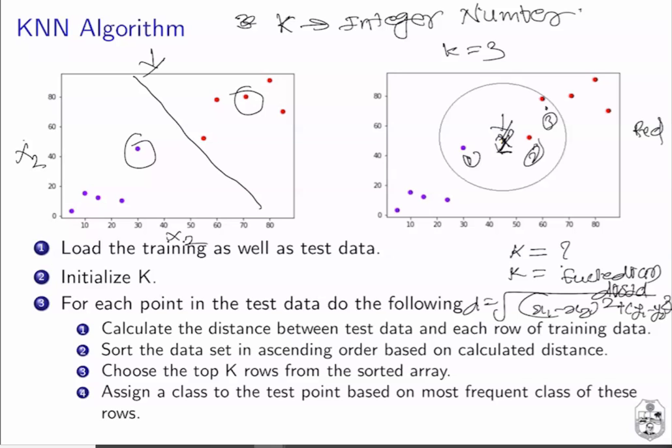You can use this distance formula to identify the k nearest observations, and out of those k nearest observations you select the category having the largest number of observations. That category or label is assigned to the test data. So that is the working of the k nearest learning algorithm. Here I have given the algorithm for k nearest classification.